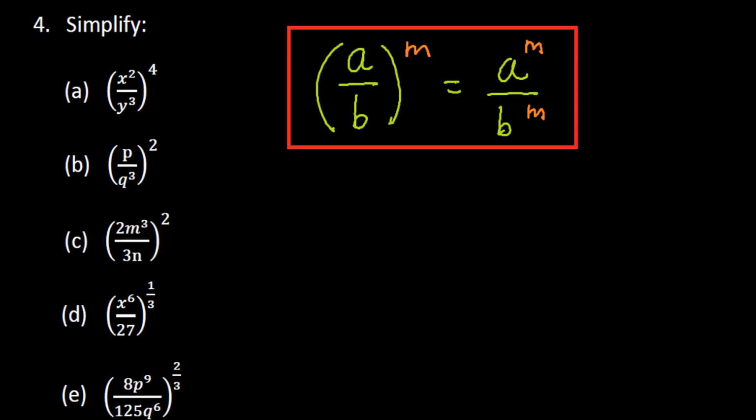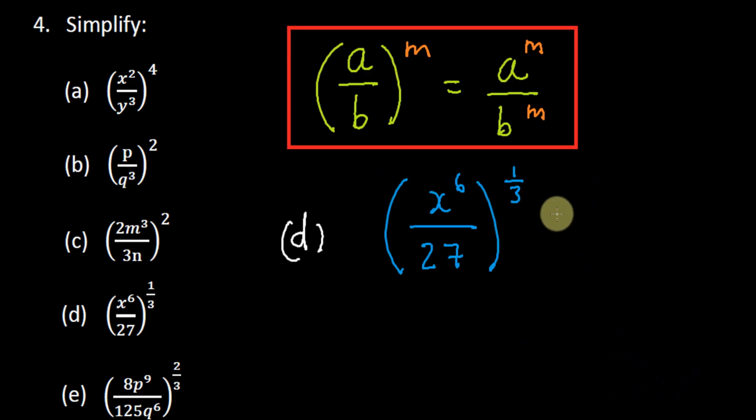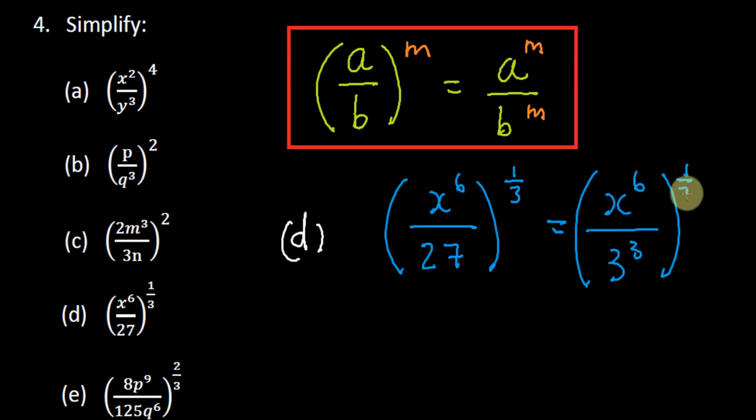Let's look at D. We can start by writing 27 in terms of its prime factors. We know that 27 is 3 cubed. Using prime factors, now we can apply this law.